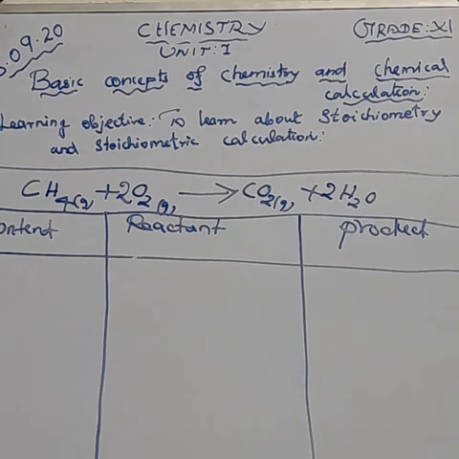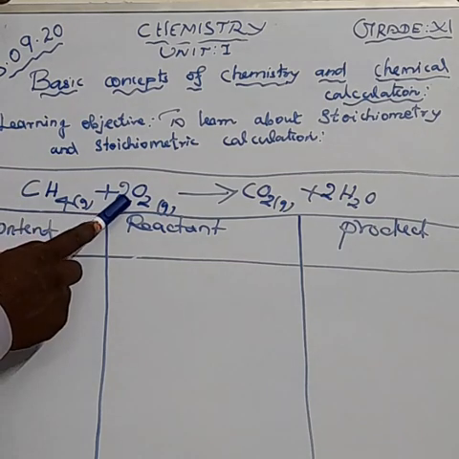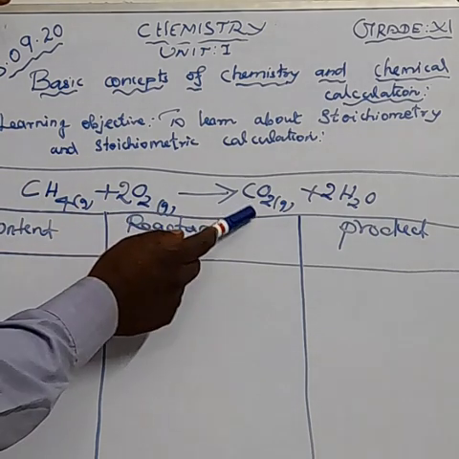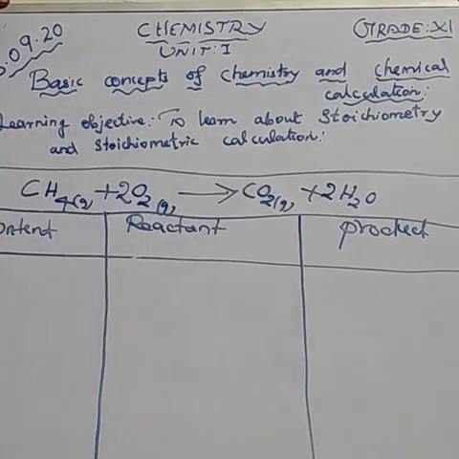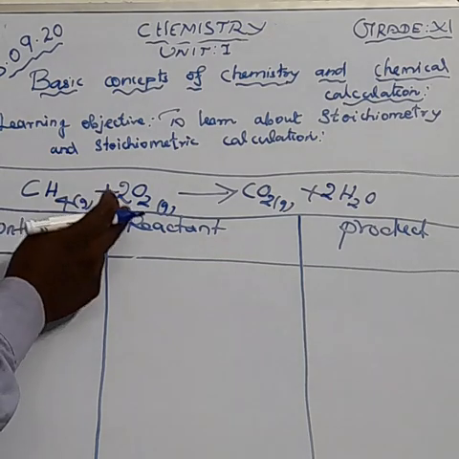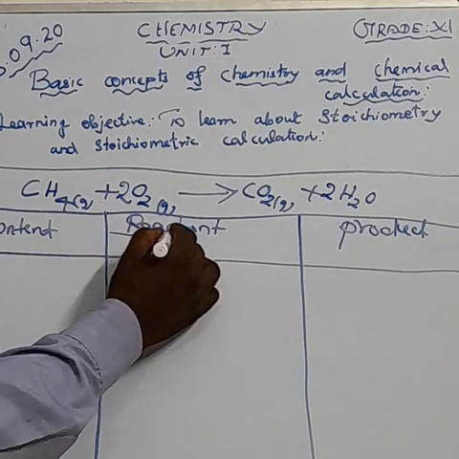First one is stoichiometric coefficient. Here, in this equation, which are the reactants and which are the products? Methane and oxygen are the reactants, and carbon dioxide and water are the products. Am I right? We divide into 2 columns.